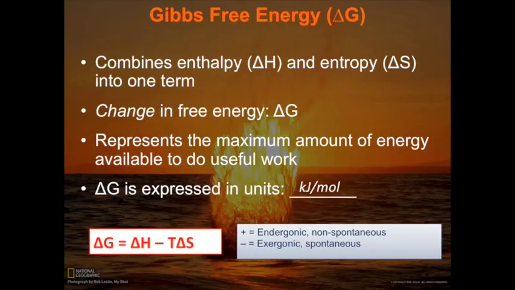And the net change in Gibbs free energy allows us to determine if a process is likely to occur, if it's spontaneous, if it requires any extra energy, or if it can give off energy.